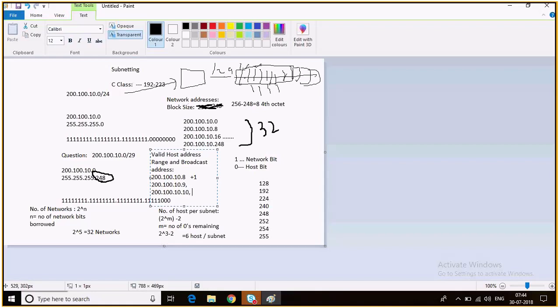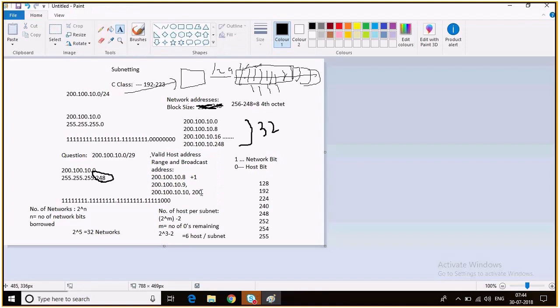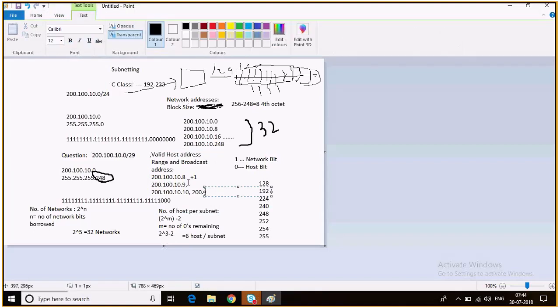So I'll write it in a separate box: 200.100.10.15.